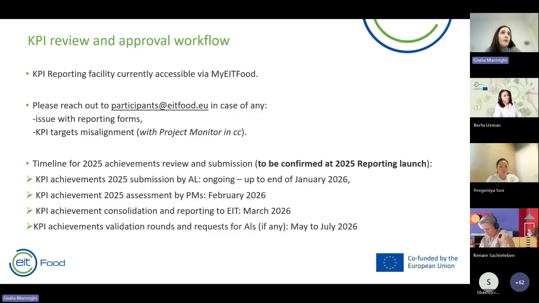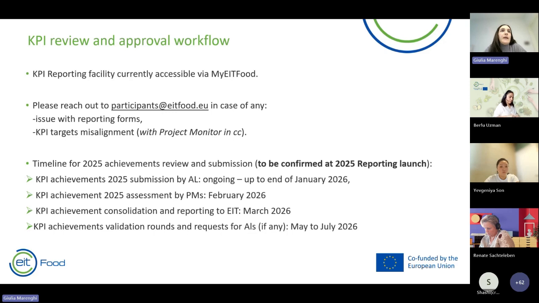The KPI achievement 2025 assessment performed by project monitors will happen roughly in February 2026. And this will include also eventual rounds of clarification and requests for modification, so what we just saw in case the KPI achievement has been rejected.